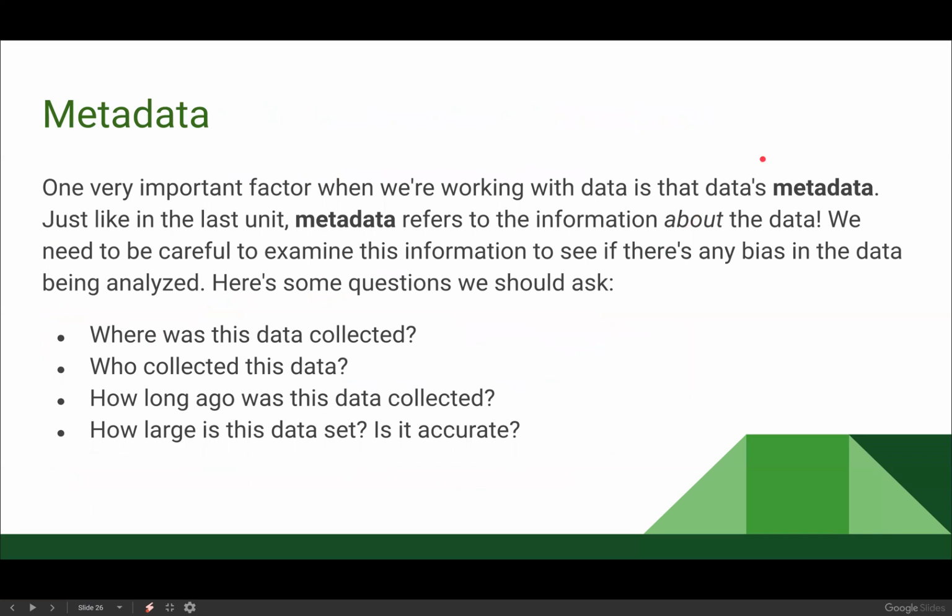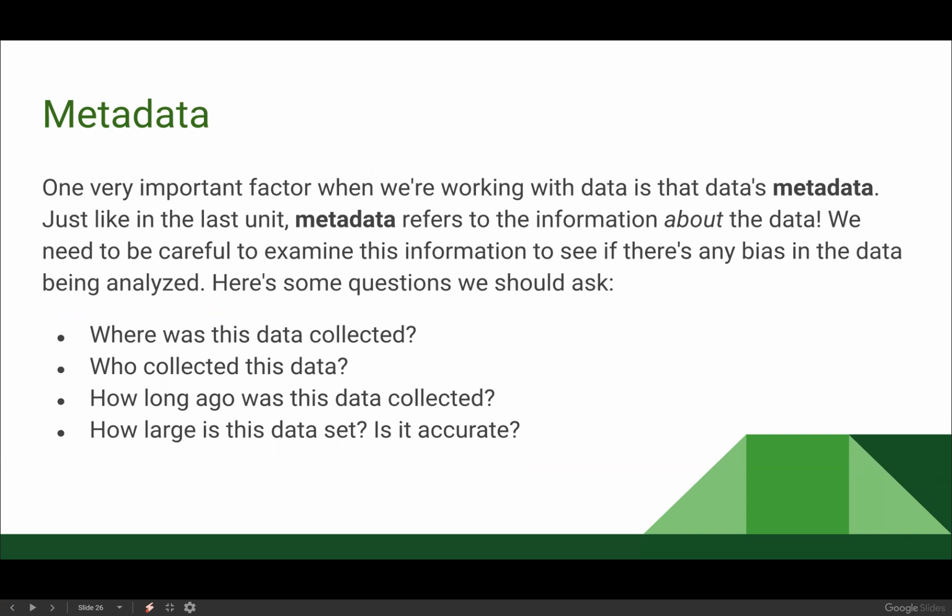Another important factor when we're working with data is the data about the data. Information about how this data was collected, who collected it. There's all kinds of things we need to know if we're going to make sure that the data we're looking at is valid and worthy of being studied.